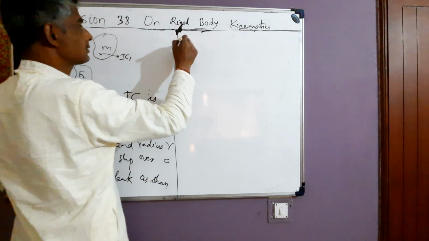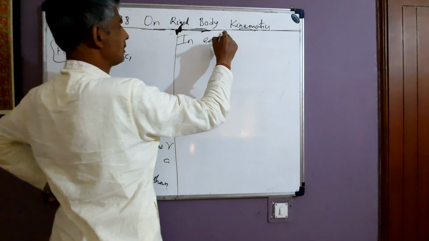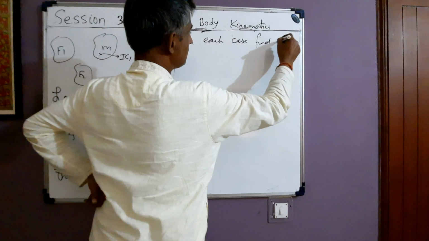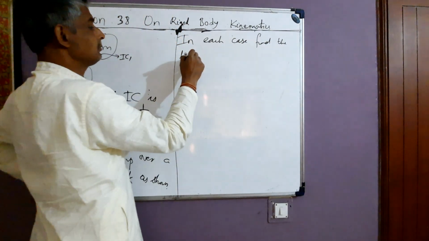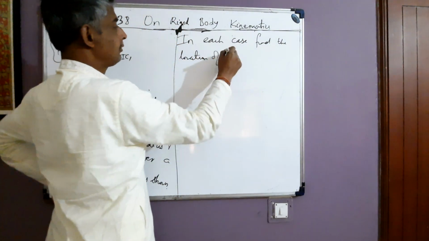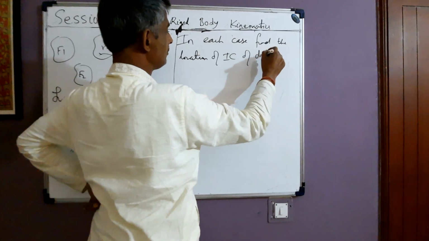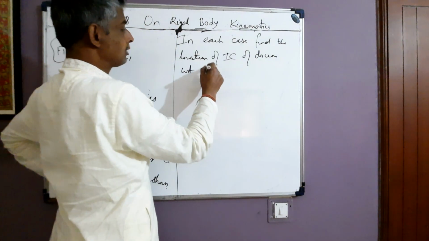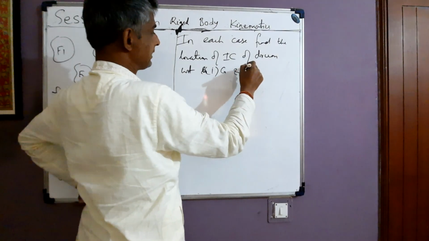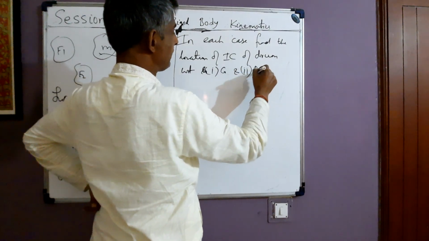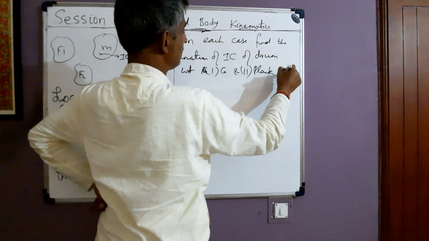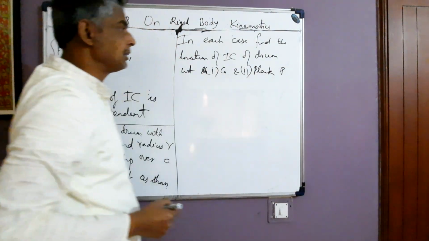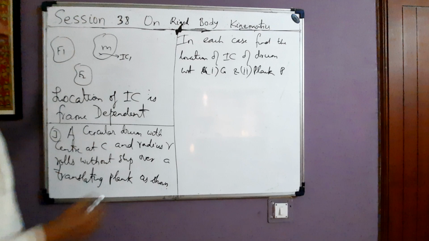In each case, find the location of IC of the drum, first with respect to ground G and second with respect to plank, that is P. G meaning ground frame.